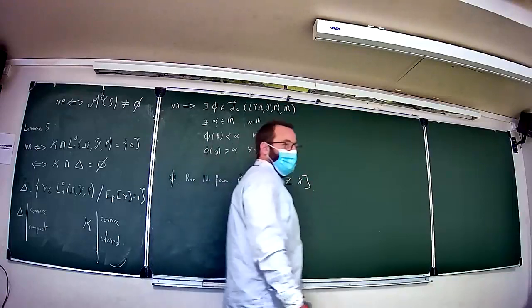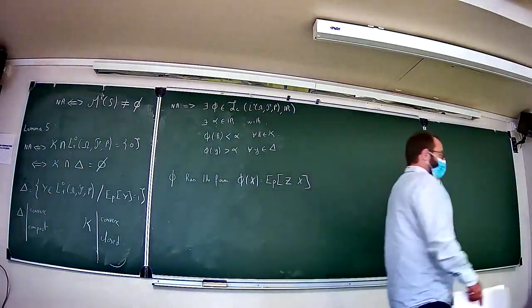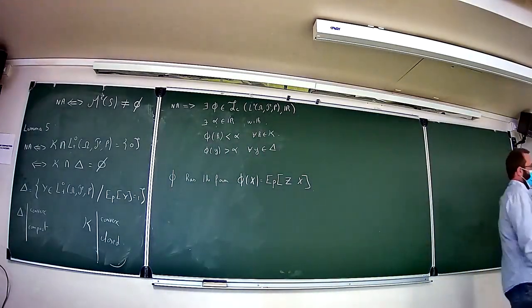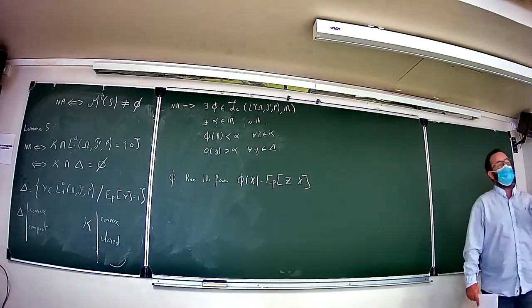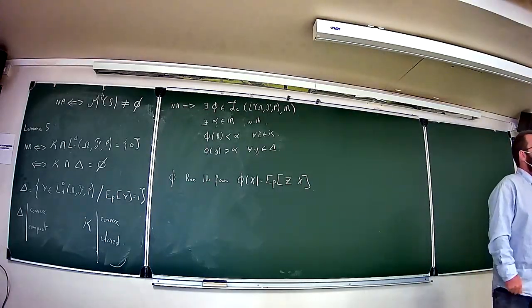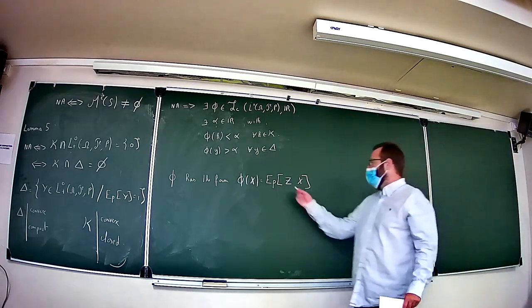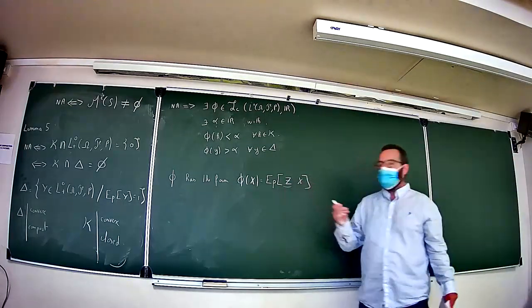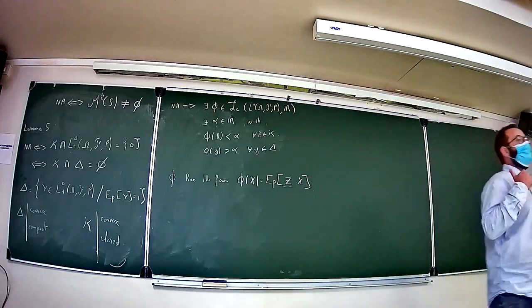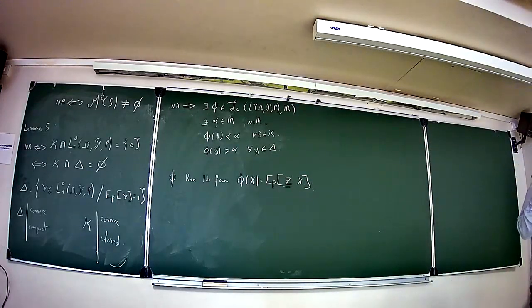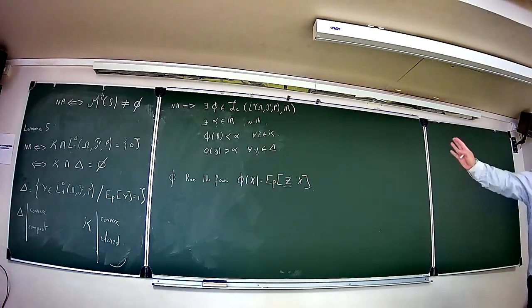Something that I have done previously: the linear and continuous form in my setting may be written as a weighted expectation, with my weight being this one. So is that clear for everybody? It's what we have done previously, and I have finished with this one.